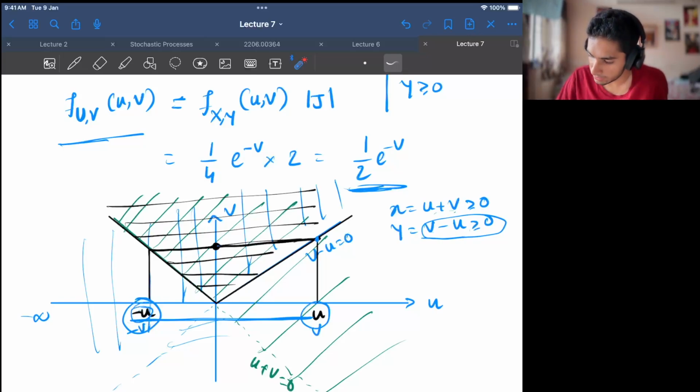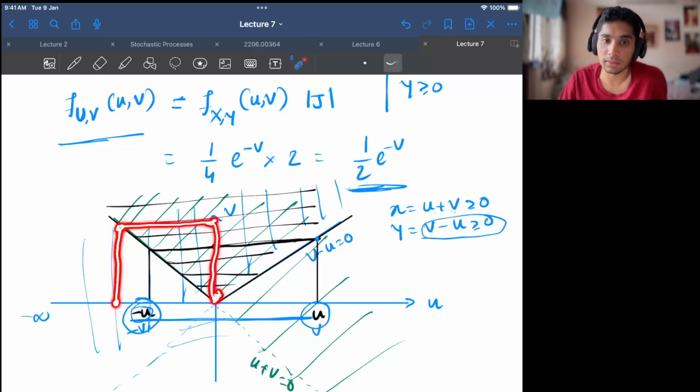At any u, let us look at some u. Let's say the value of u is here. The value this can take on the y-axis is equal to, sorry, it's equal to minus u. If you are here, you just look at the y coordinate, and anything from there upward is valid, right?